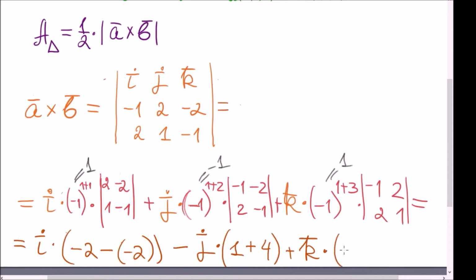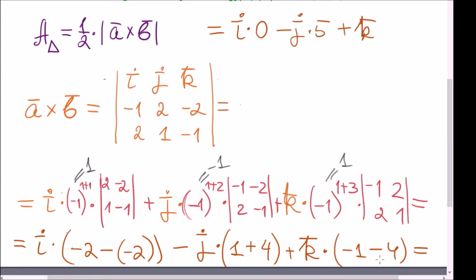Minus 1 by minus 1, minus 1, minus 2 by 2, minus 4. So we have i multiplied by minus 2 plus 2, it is 0, multiplied by 0. Then minus j multiplied by 5, and plus vector k multiplied by minus 5.